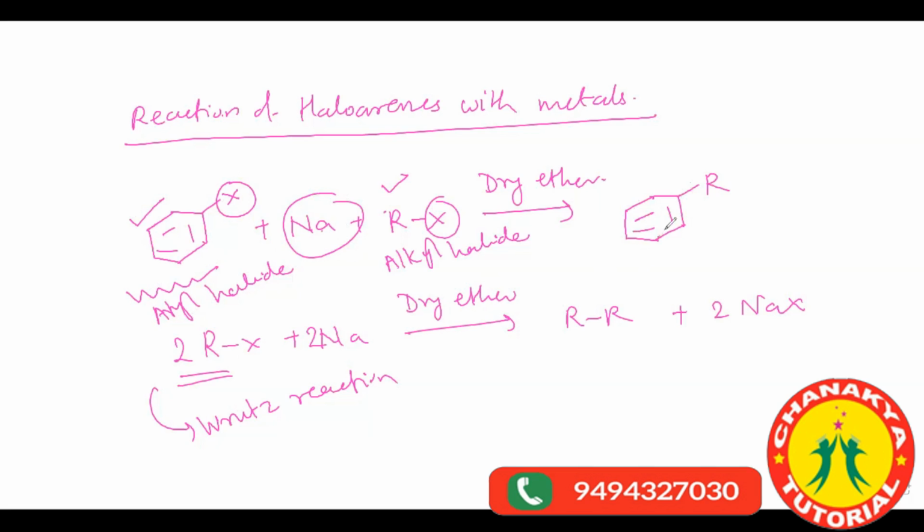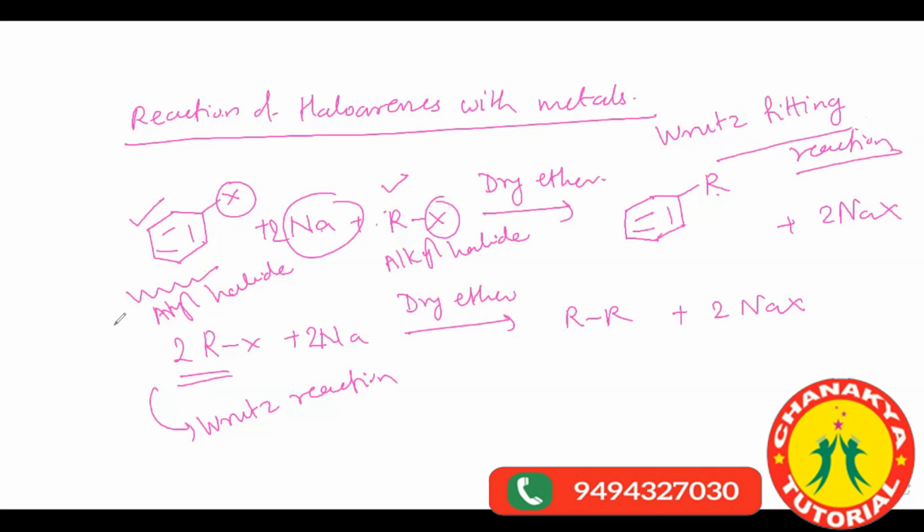So you will get the aromatic ring attached to your R group, alkyl group, plus 2NaX. Right? And this reaction is called what? Wurtz-Fittig reaction. Yes. Clear? Yes. So this thing you need to keep in your mind.